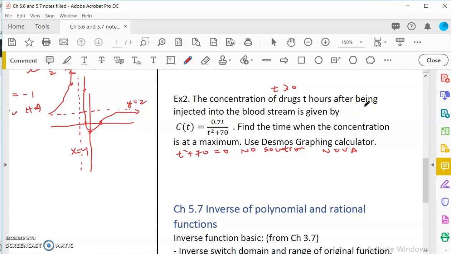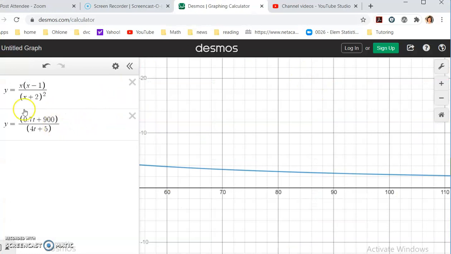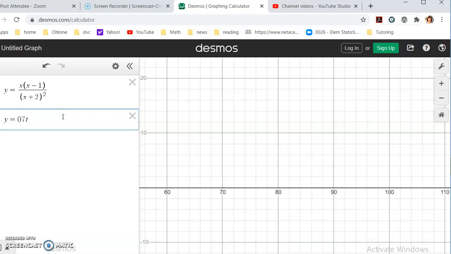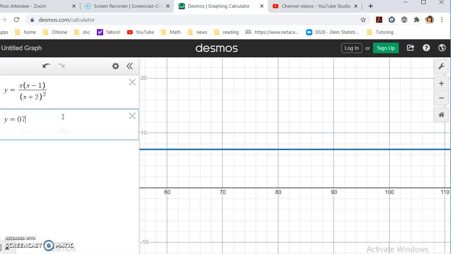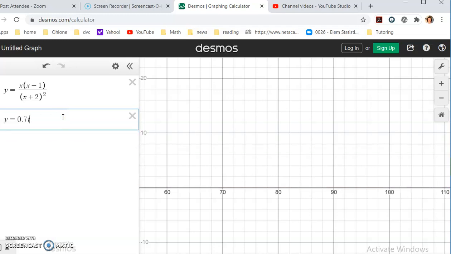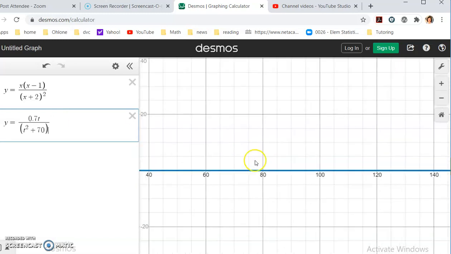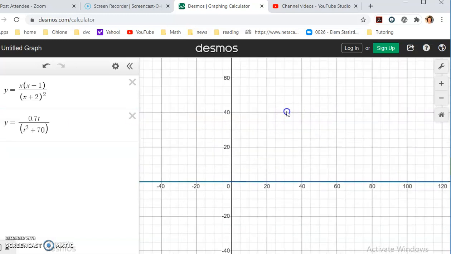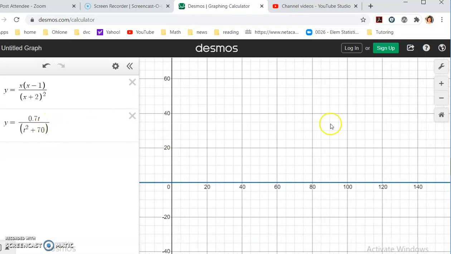0.7t divided by t squared plus 70. Now the difficult part of this is you can't even find the graph at first. So where is it?